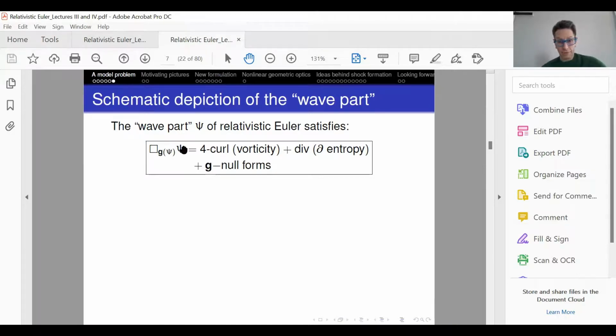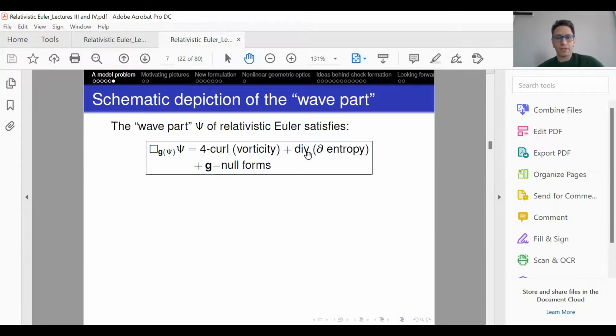And instead of box ψ equals 0, you have basically three kinds of terms that you have to worry about. The first is null forms, which end up being harmless because there are no Riccati terms present in null forms. There's no L ψ times L-bar ψ term, no (Lψ)^2 term. So it's important that these are g-null forms. I'll say a little bit more about that in a second.